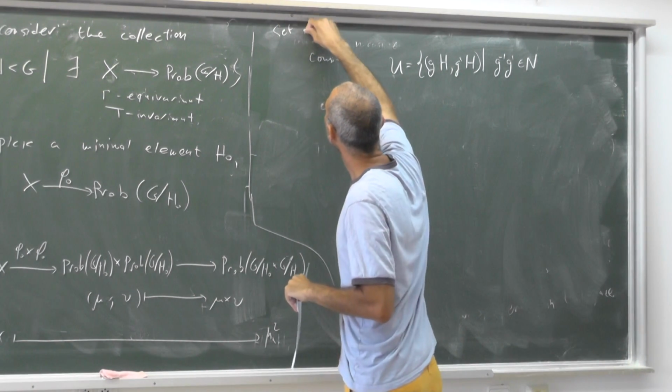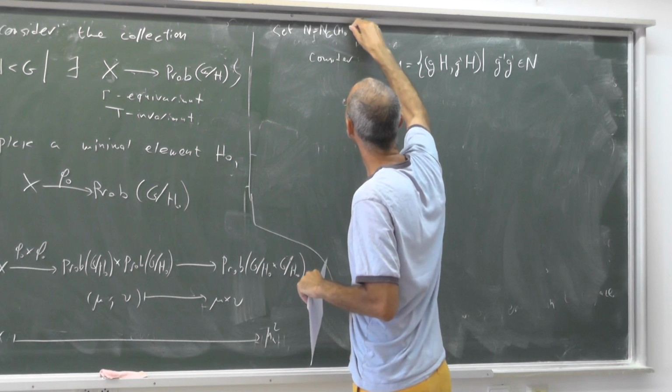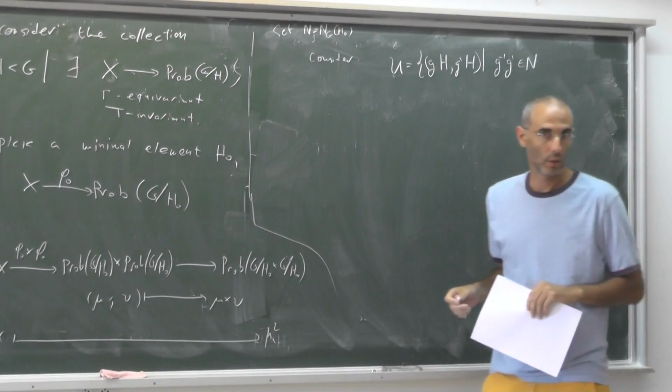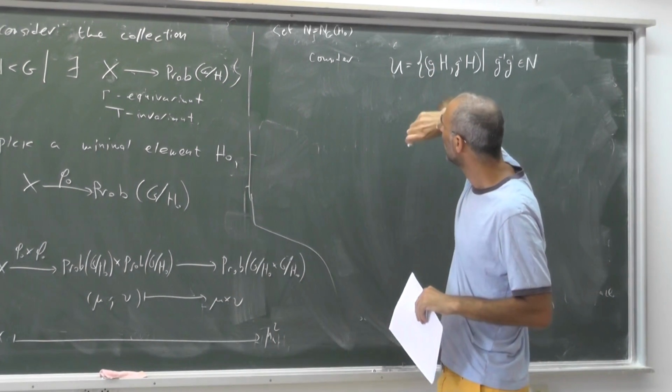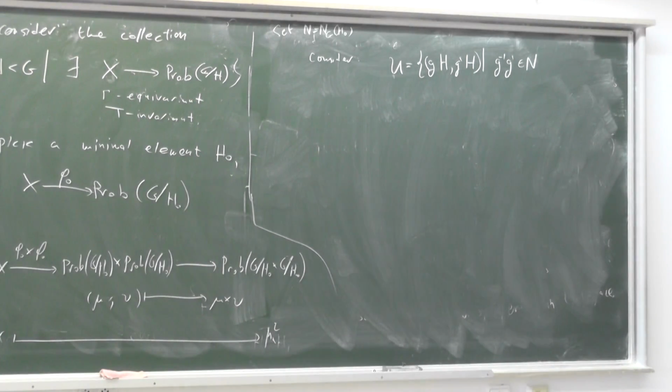Set N to be the normalizer in G of H0. Okay, where am I? We assumed 1. We assumed that we have some H. I promise to come up with another H. The other H will not be H0 that I just found. The other H that we will find in 2 will be N, the normalizer of H0.